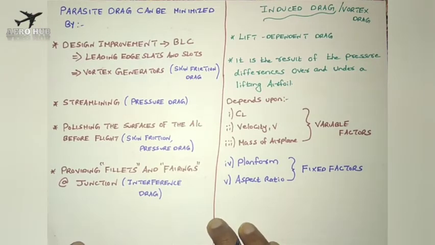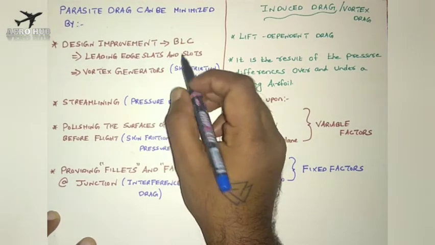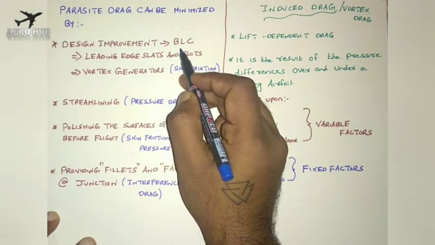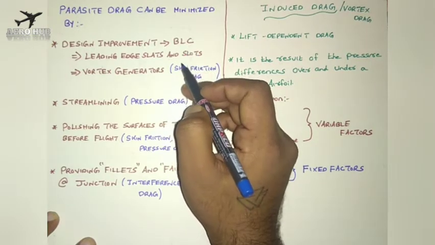As an aircraft designer, it is very important to know how to reduce the drag. Our main aim as an aircraft designer is to reduce the drag, and the first method is design improvement. We will include BLC, that is nothing but boundary layer control.